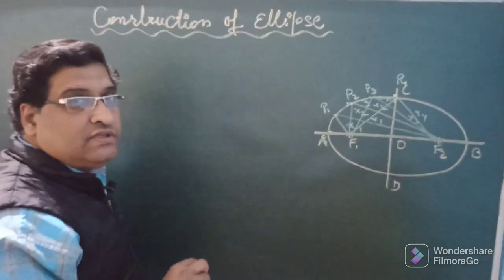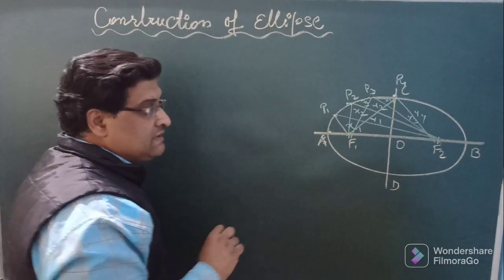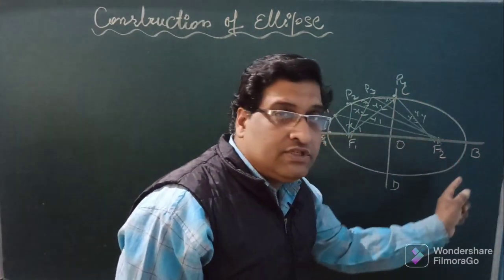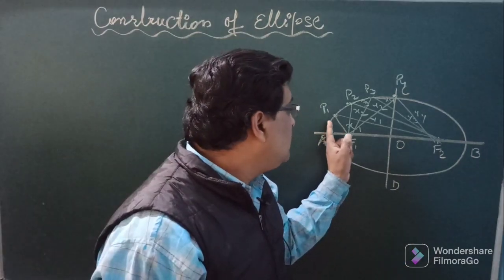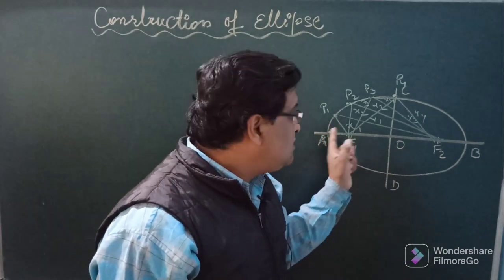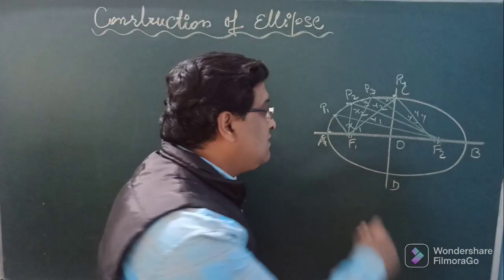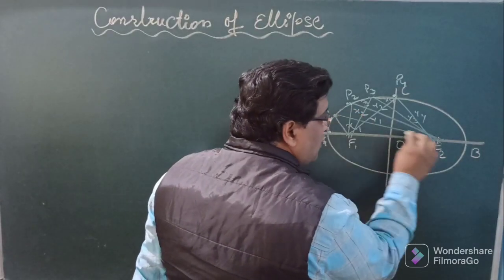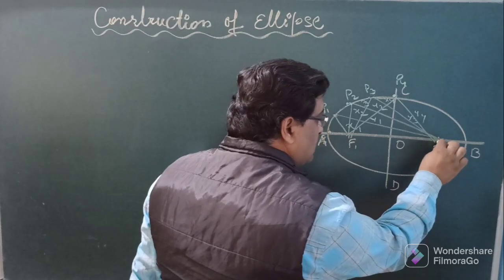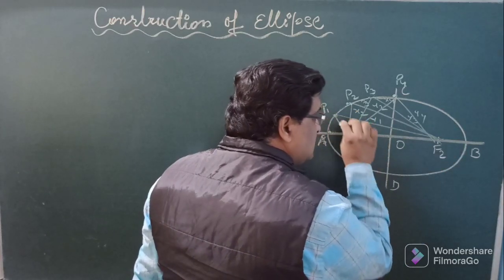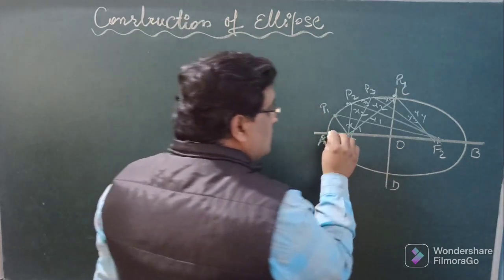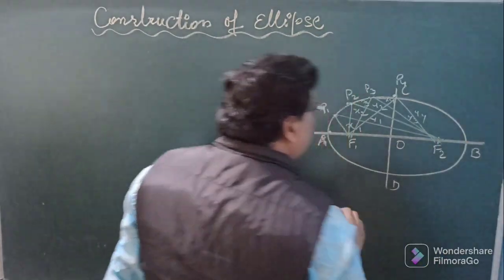So according to this definition, the ellipse may be defined as a curve generated by a moving point, this point P, which is moving in a plane in such a way that the sum of its distances from two fixed points, that is two focus, is always equal to AB, that is the major axis.